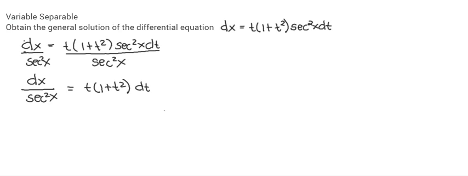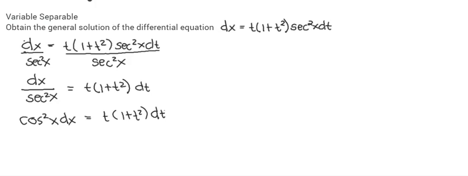We can rewrite dx over secant squared x as cosine squared x dx equals t times 1 plus t squared dt.